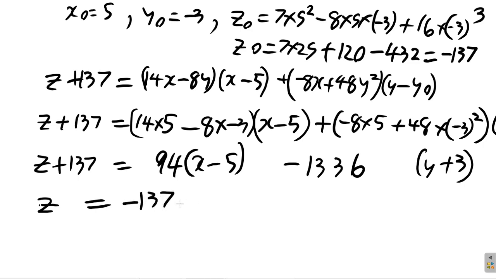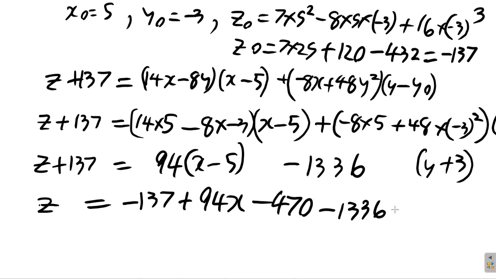Negative 137 plus 94x minus, what's 94 by 5? 94 times 5, 470, minus 470, then negative 1336y minus 1336 by 3, 1336 times 3 equal 4008. Right?